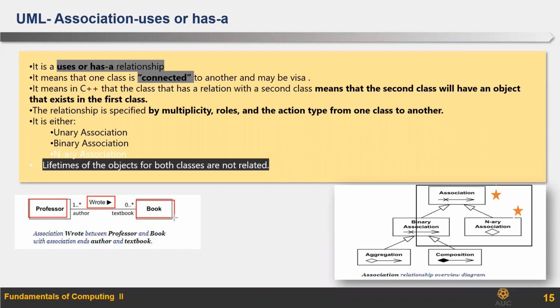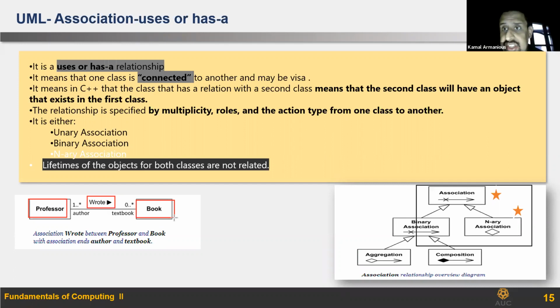So it's a one-directional relationship. Then there are two-directional relationships, and a three-directional relationship type. Unary means one, binary means two, ternary means three. So I can have unary, binary, or ternary association.